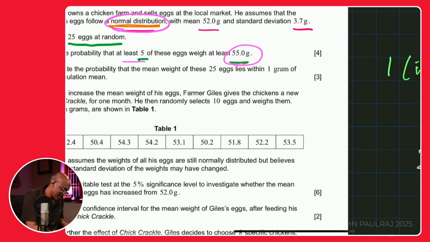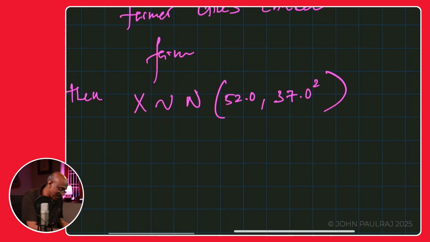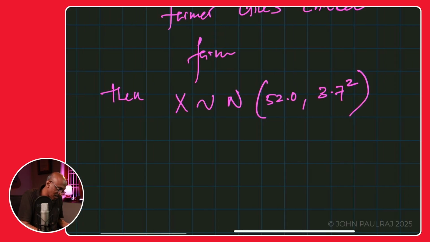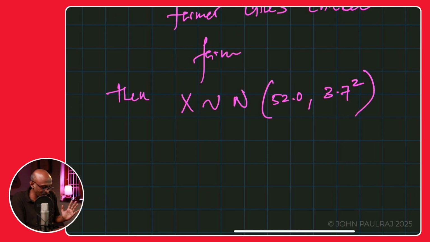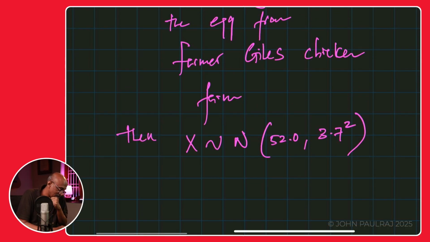Okay, this is 52.0, 3.7. Pardon me. So let me change that quickly. 3.7 squared. Now that is a variance that we have to write here. You obviously know that the parameters of the normal distribution we write are mu, the population mean, and the variance. So 3.7 squared. All right, that's X.